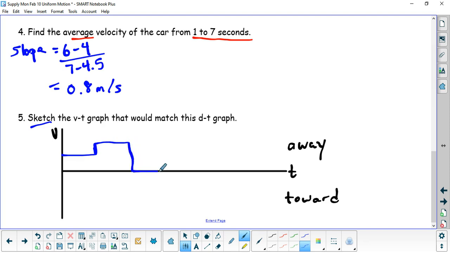Well, when it stops, its velocity is 0. Make sure that's very apparent. And then it has to have a negative velocity because it moves towards at the end. The negative is weird, I know, but you'll get used to it. That's the vector part of the velocity. So take some time. You'll get used to it, but think of those two parts, the number and the direction.